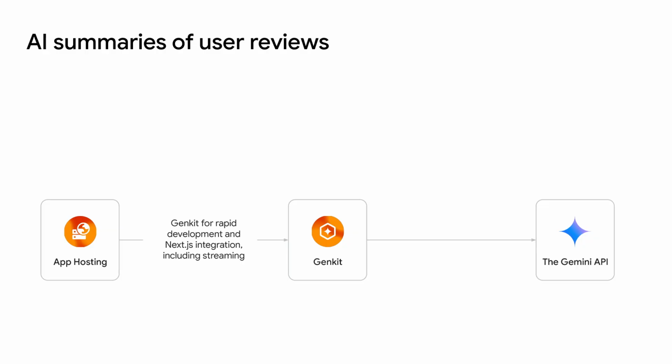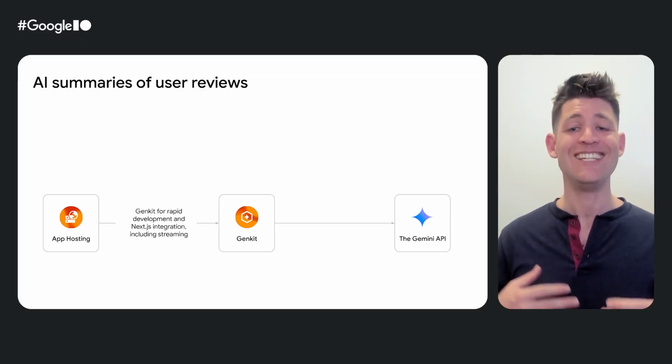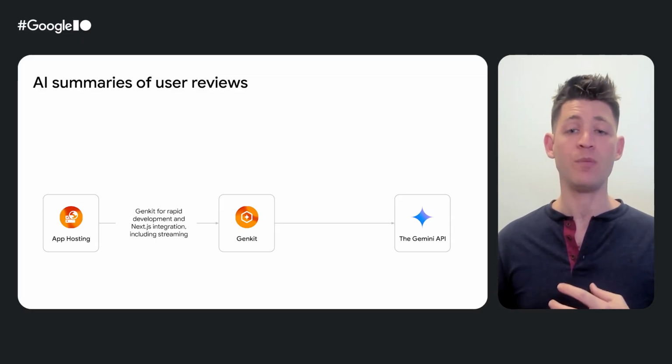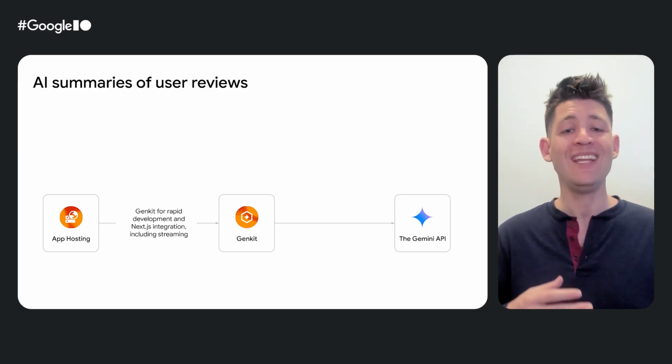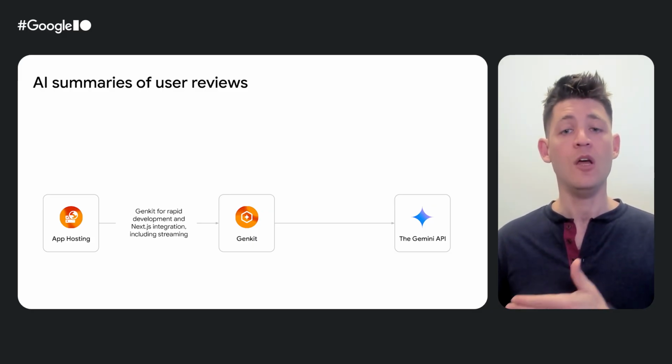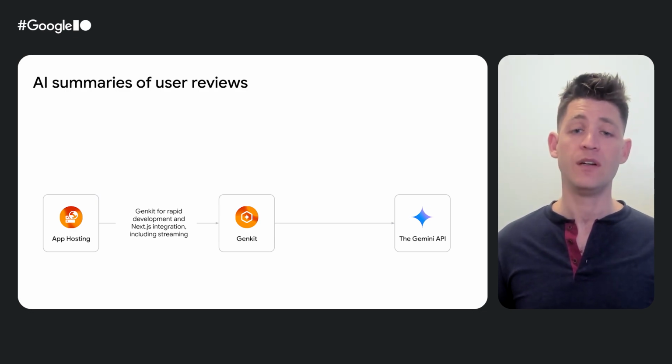Genkit is a server-side framework for interfacing with generative AI models with GA support for Node.js and alpha support for Python. A key benefit to using Genkit to integrate models into your app instead of interfacing with those models directly is you are coding against a common abstraction, which lets you drop in new models without refactoring your app.